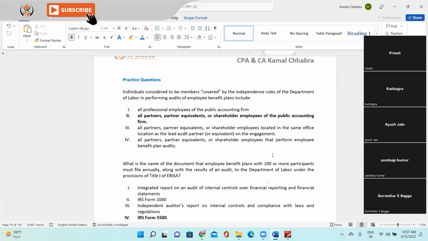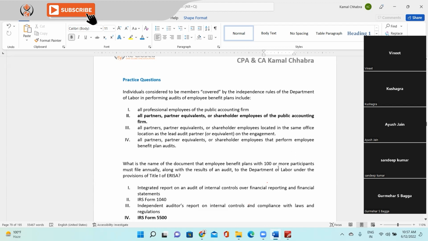Under the Department of Labor, which rules will be applied? Independence rules of GAO. So keeping in mind the independence rules which we studied on the first page, let's try to answer this. Individuals considered to be members covered by the independence rules of the DOL in performing audits of employee benefit plans include what?